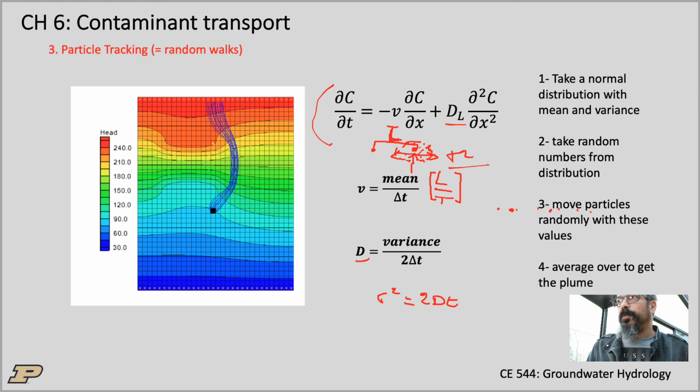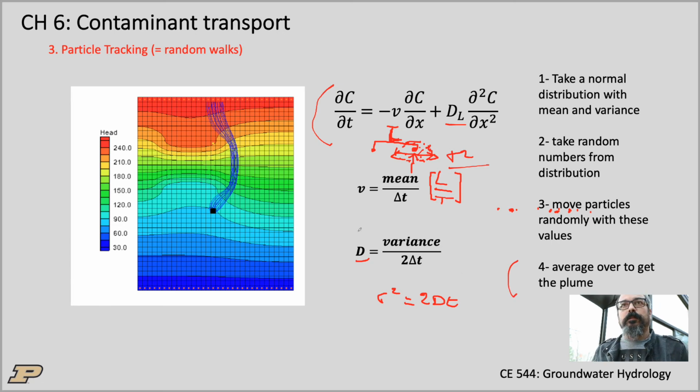Then the next one it moved 3 centimeters, then 5 centimeters, and so forth. So instead of moving regularly with velocity, now it's moving with velocity plus or minus some random component that is the dispersion, the variance. If you have a bunch of particles, you can just average over and backtrack V and D.